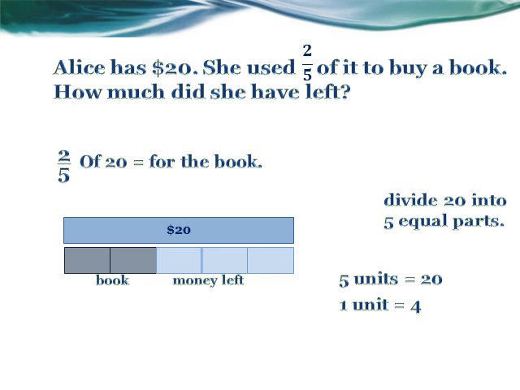So 20 divided by 5, that means 1 unit is 4. Every single one of those is 4. We're interested in the money that she had left, and there are 3 units of it. So 3 times 4, or you can say 4 plus 4 plus 4, is equal to 12. Therefore, she has $12 left.